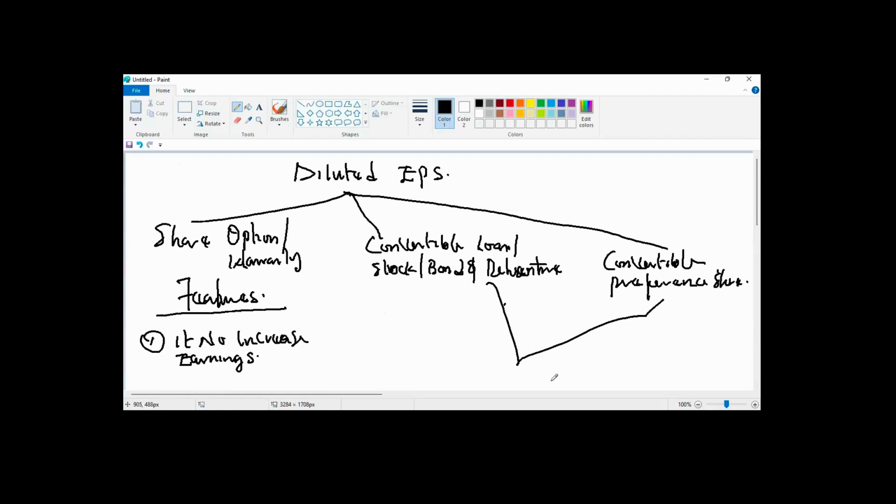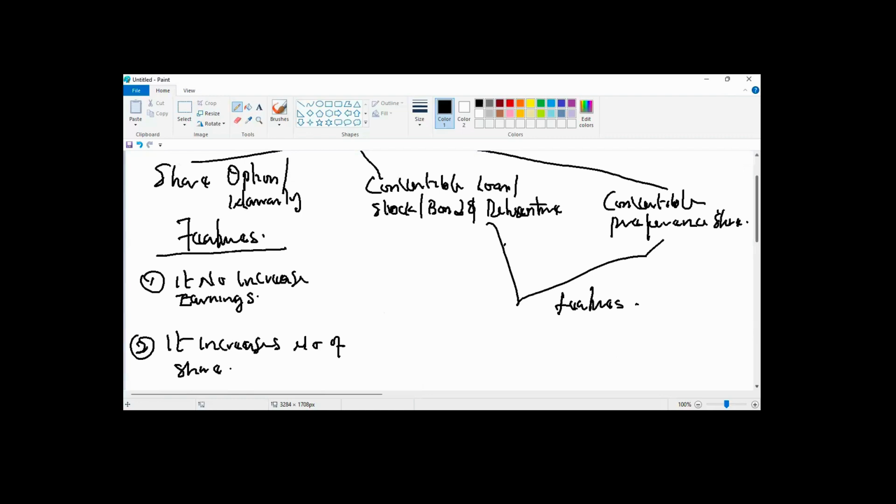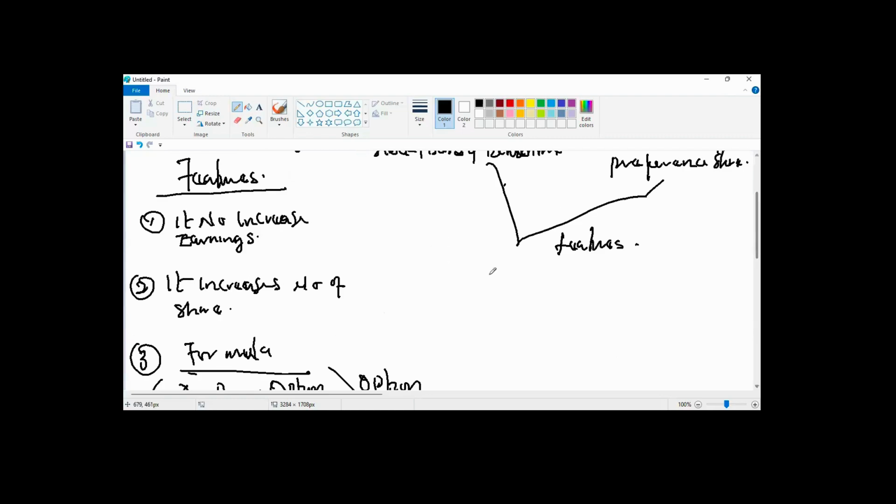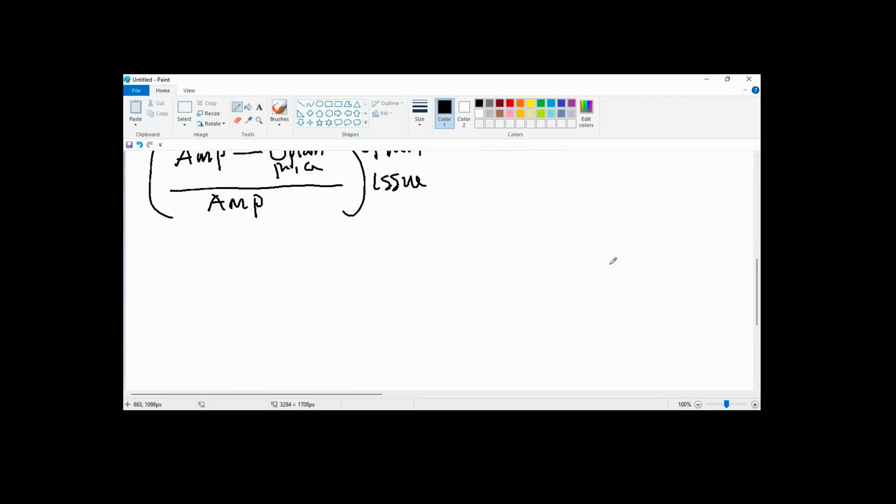For these two, we have: one, increase in earnings. It will bring something in. That one is certain.